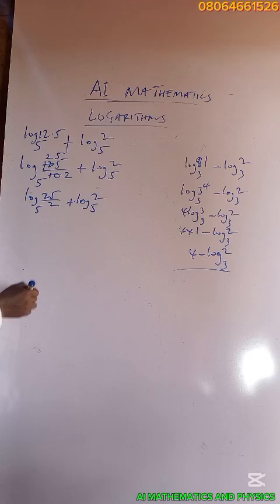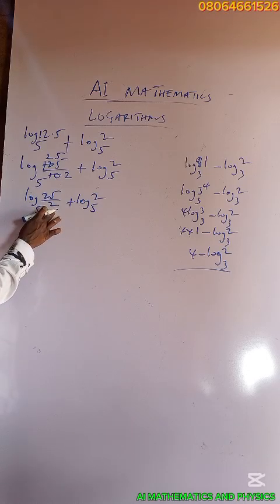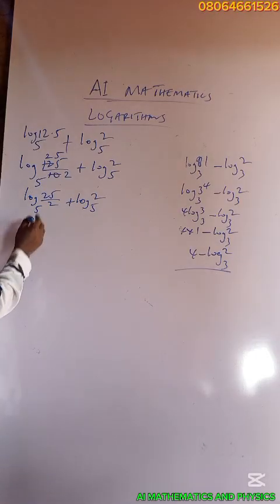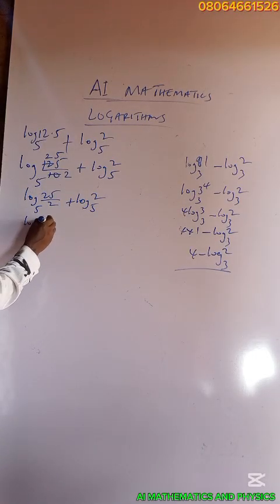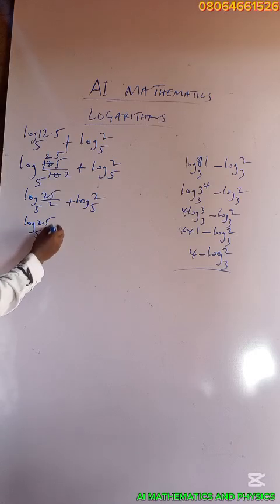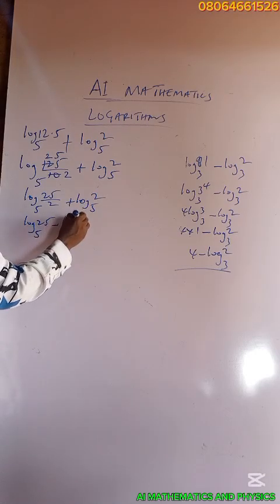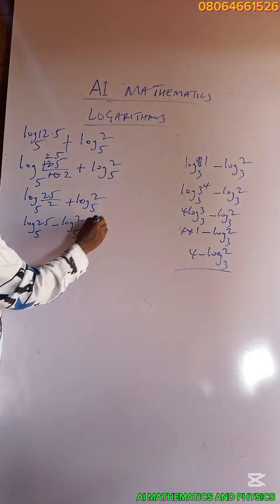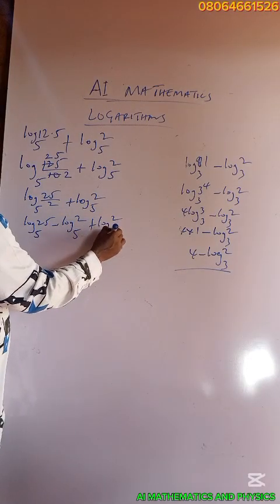But there is nothing you can do with 2. We use negative plus during division. Just that will be log 25 base 5 minus log 2 base 5, plus log 2 base 5.